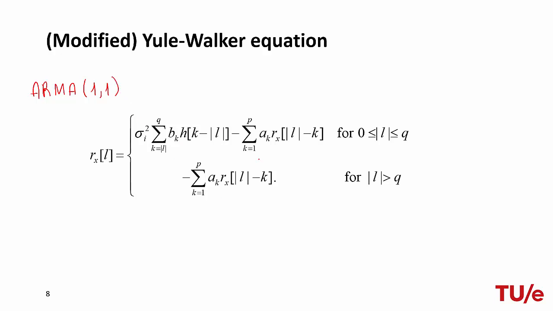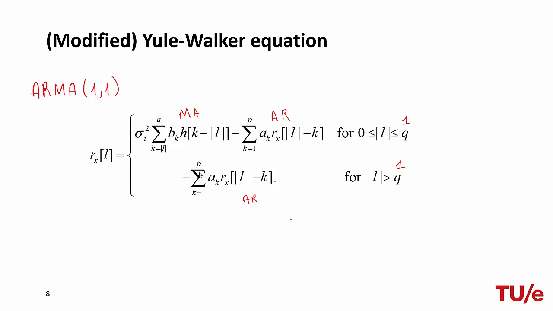When we look at the modified Yule-Walker equations, we know that until lags equal to the number of zeros, that in this case is 1, we have both the contribution of the moving average component and the contribution of the autoregressive component. While for lags larger than 1, larger than the number of zeros, only the autoregressive component plays a role.